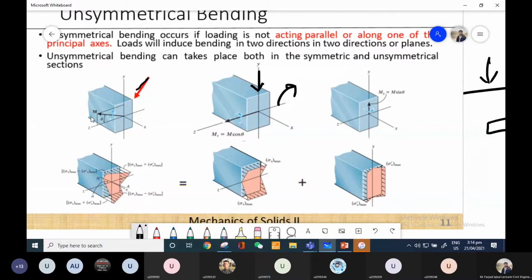Can I say that there will be an axis which is 90 degrees to this applied load, on which the bending moment is taking place? It is just a similar concept. With a straight load applied directly, there was an axis at 90 degrees around which the bending moment was being produced.